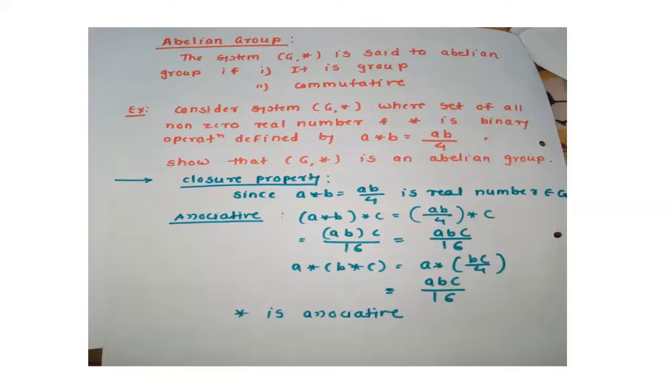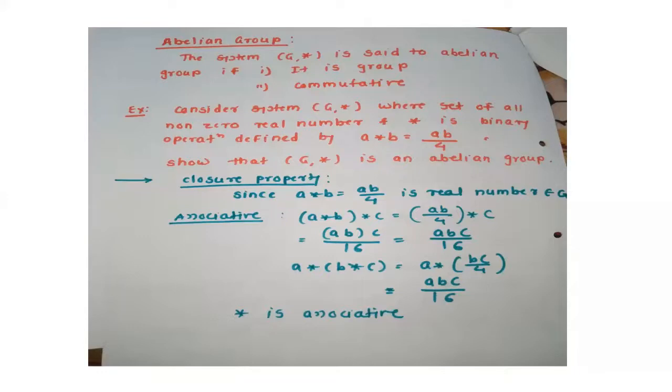Second one is associative. For associative, we check A star B star C. Whatever definition is given in our question, A star B is defined as AB by 4. So, for the left side, A star B, as per our definition, is AB by 4.